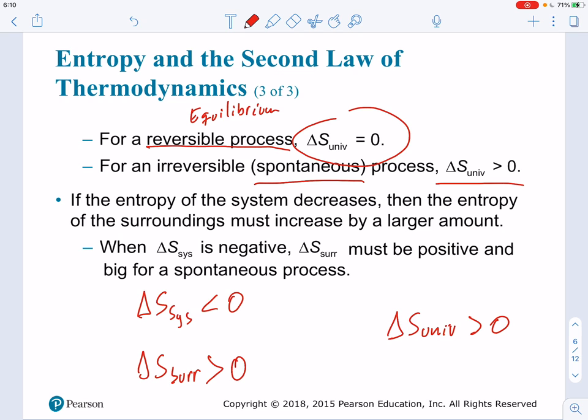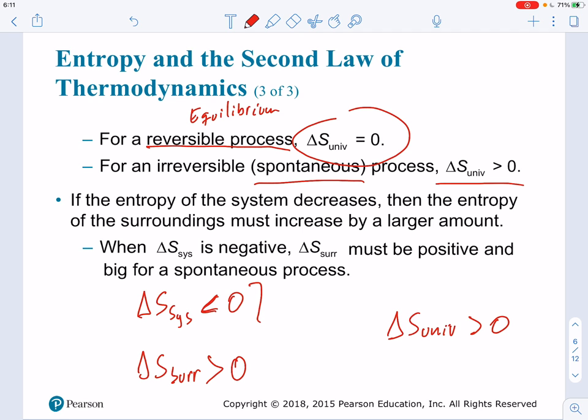Once we start talking about phase changes and entropy, this is going to be a little more clear. But for now, if you have a negative change in entropy for the system and a positive change in entropy for the surroundings, then you will end up with a change in entropy for the universe larger than zero. Okay? So let's put it this way.